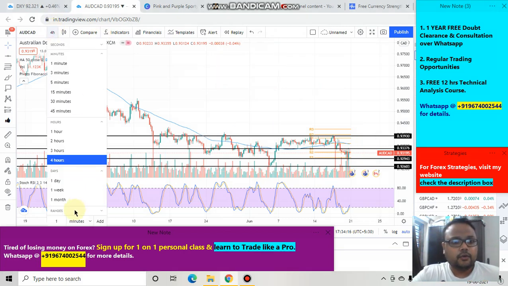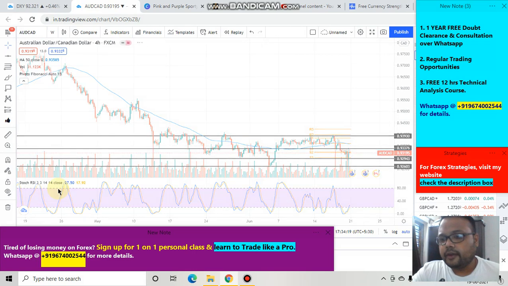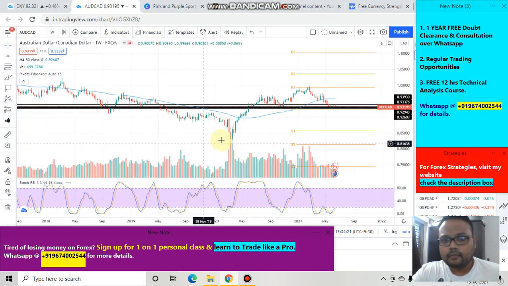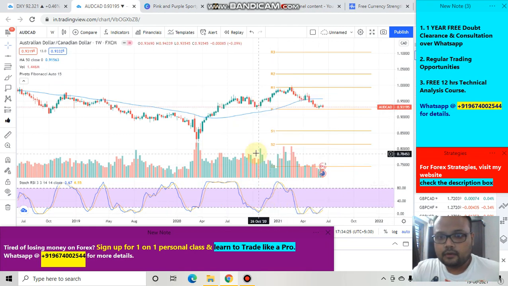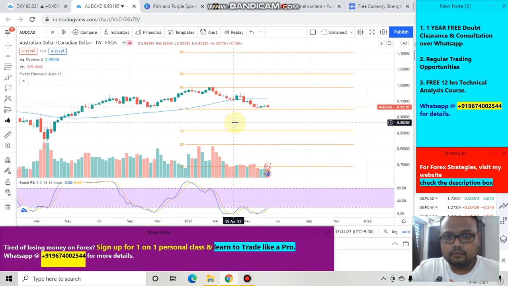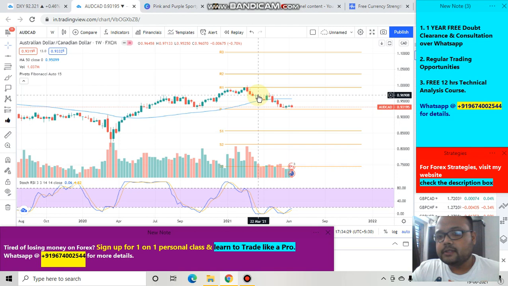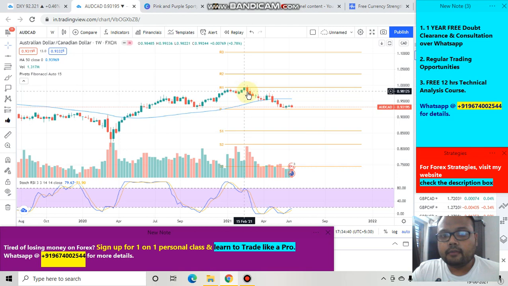And if I take you to the weekly time frame, let me remove the drawings here. You can see that the weekly time frame is also telling us the same story. Can you see this red candle? Market formed this red candle in the third week of February. Since third week of Feb, market is in downtrend.